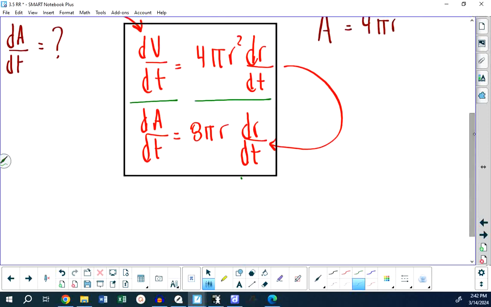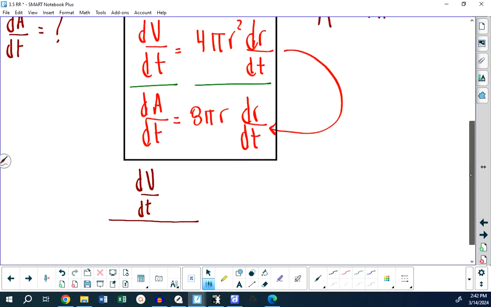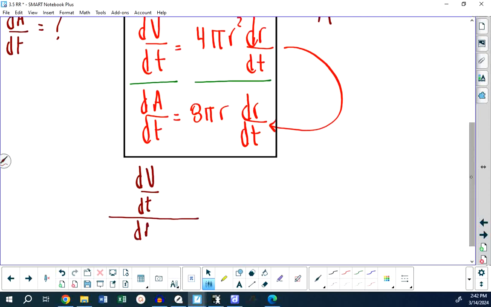And sometimes the math gods smile on you. I get dV/dt over dA/dt is equal to r over 2. Don't get me wrong, we still have to find the radius to answer the question.